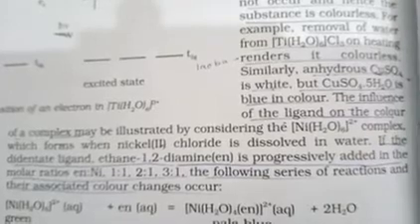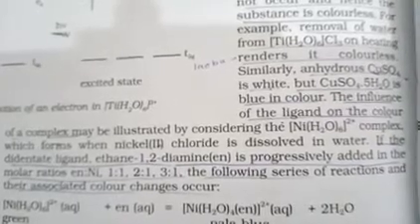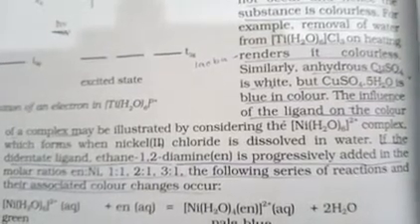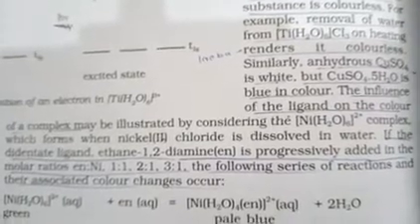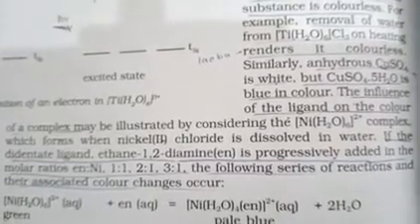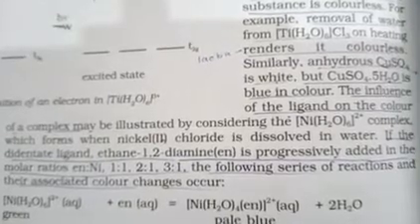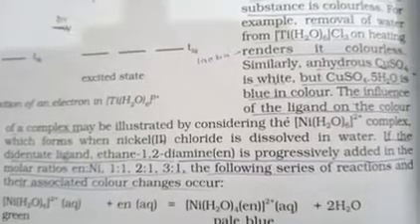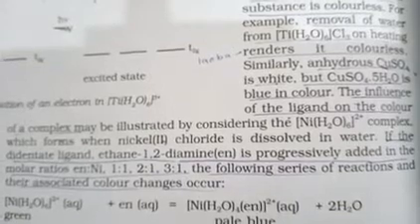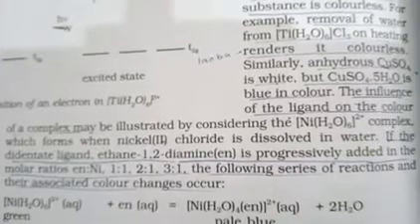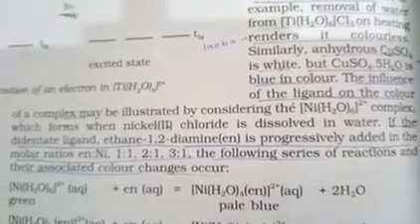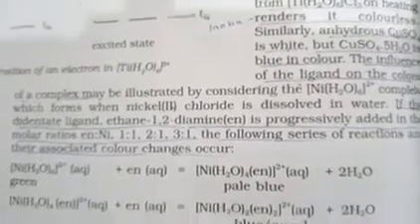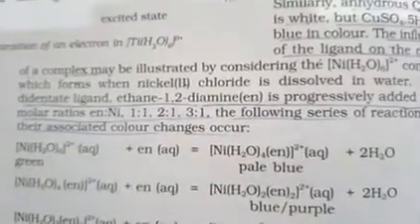If the bidentate ligand, that is ethane-1,2-diamine, is progressively added in the molar ratio of en to Ni, that is 1:1 or 2:1 or 3:1, the following series of reactions and the associated color changes occur. So this is the first one.